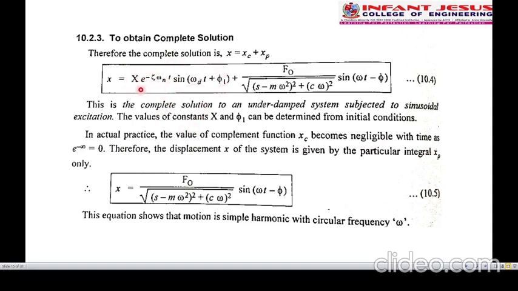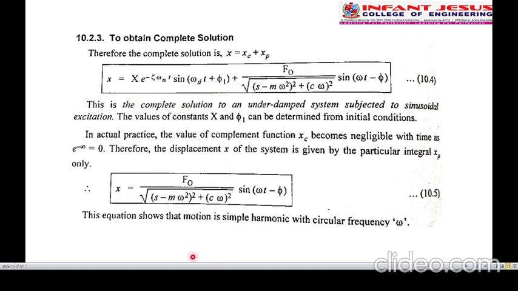So now the displacement is given as x equal to f naught by root of (s minus m omega square) the whole square plus (c omega) the whole square, into sin(omega t minus phi). This is the displacement of the system, which is given by the particular integral only, because this term becomes 0 when time goes by.